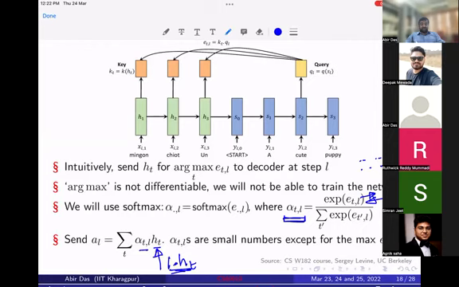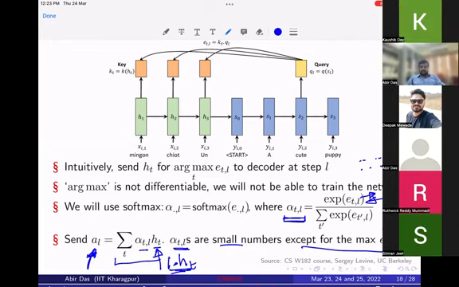That you then send is called the AL, and that is the attention. Why it is called attention, I'll tell in a bit. These alpha TLs are small numbers except for the max ETL.